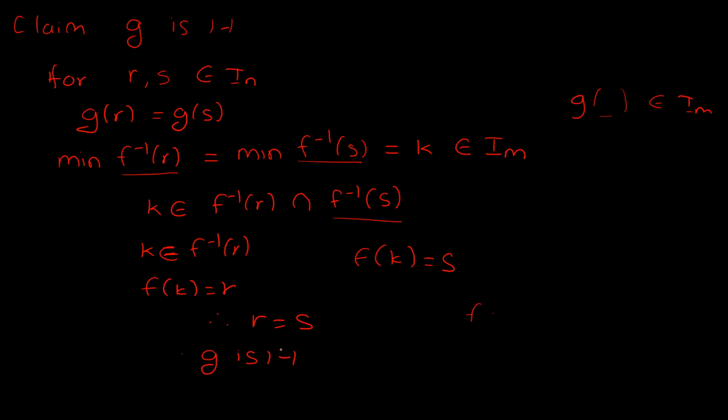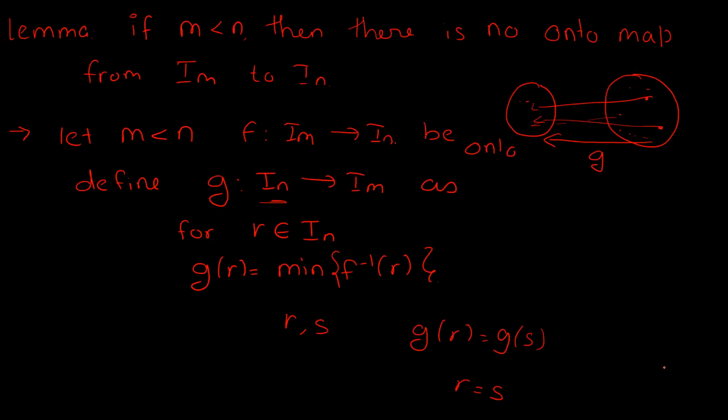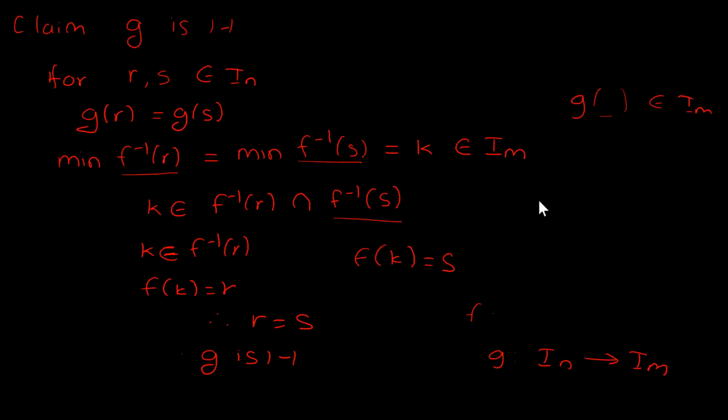Now if g is 1-1, g was from I_n to I_m, as I had constructed it, and this n was greater than m. And in the previous lemma, what I had seen is, if this number is greater than this number, then there cannot exist a 1-1 function. So if it cannot exist, and now I'm getting that g is 1-1, that means it's a contradiction.